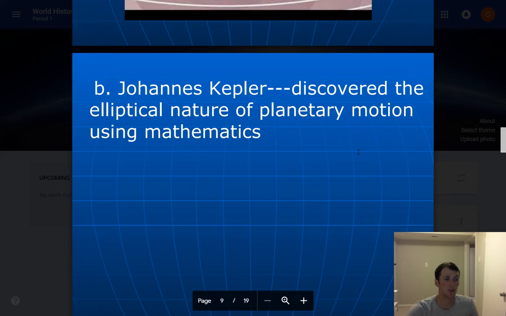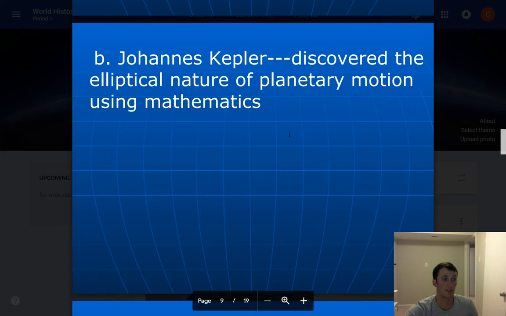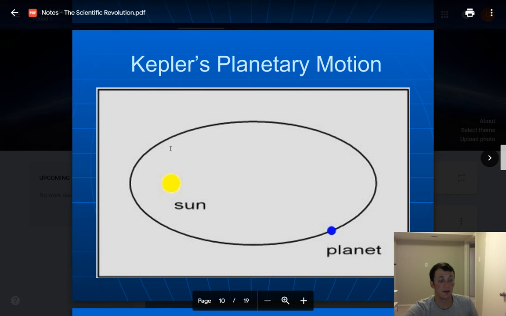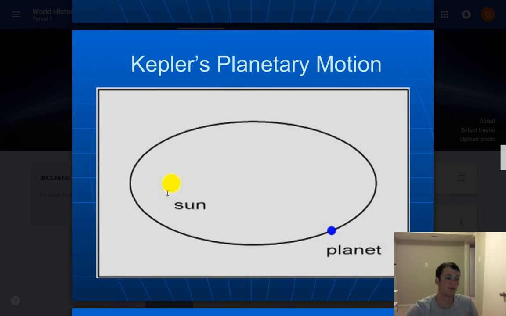For starters, Kepler discovers the elliptical nature of planetary motion. He uses mathematics to do this, and you get this elongated oval ellipse around the sun. So this is pretty important.